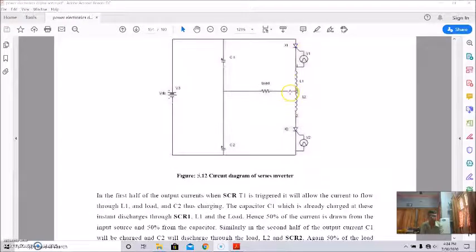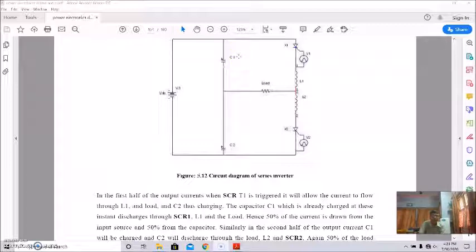As a result, 50% of the current is drawn from the input source and 50% from this capacitor, since they are in a resonance circuit. So 50% from the source and 50% from this capacitor C1. Clear?